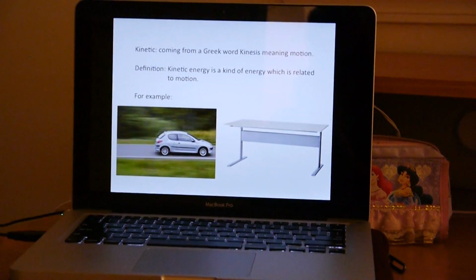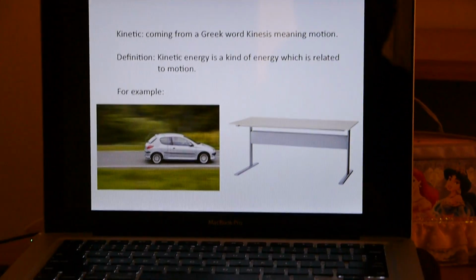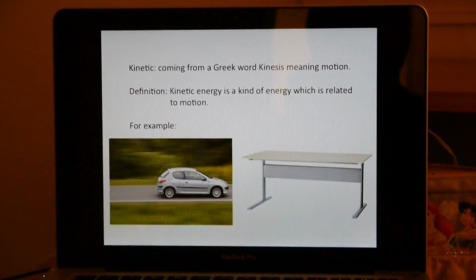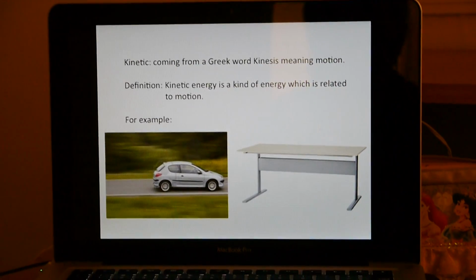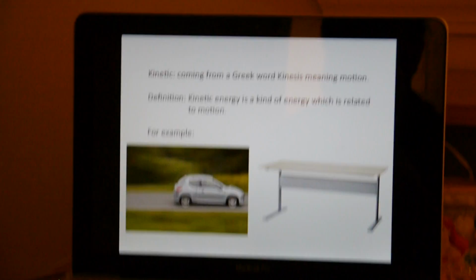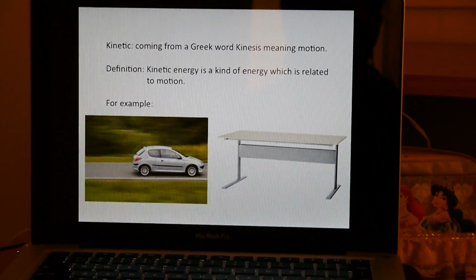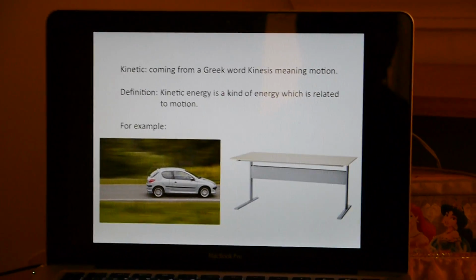Before I introduce the definition of kinetic energy, I'd like to explain the meaning of kinetic. Kinetic is a word coming from a Greek word, kinesis, which means motion. So kinetic energy has something to do with movement.